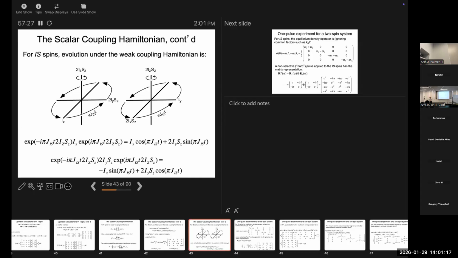We just have to remember that S alpha plus S beta is the identity, and we usually don't write the identity. And 1/2 S alpha minus S beta is Z magnetization. We can interchange as we need to.